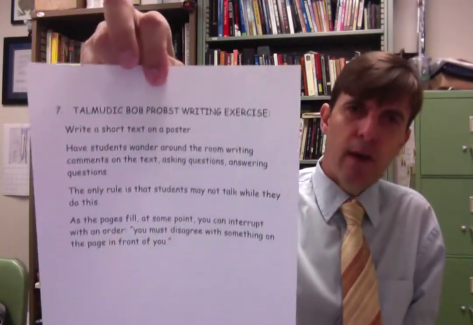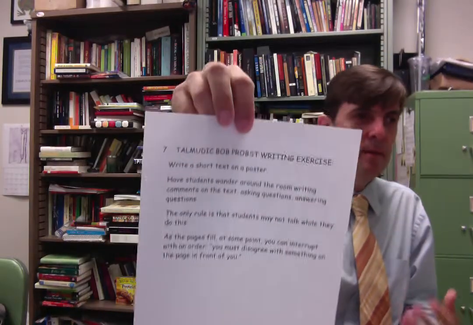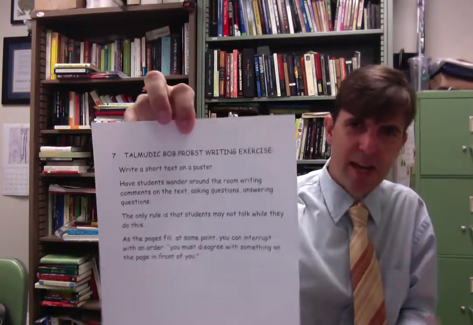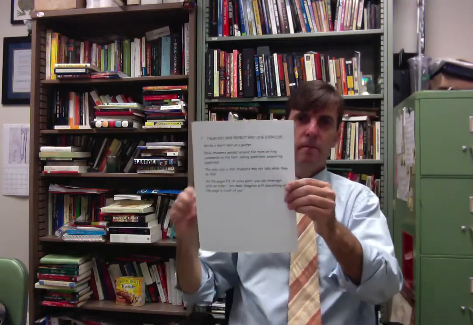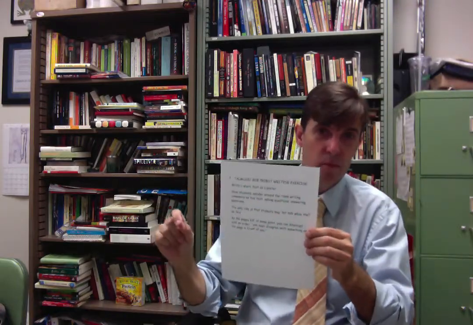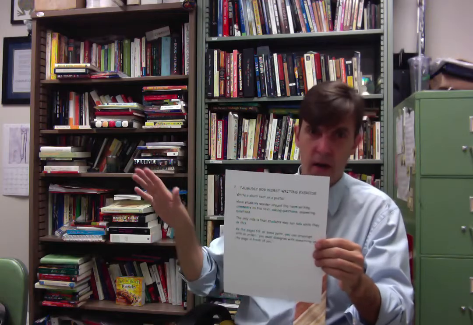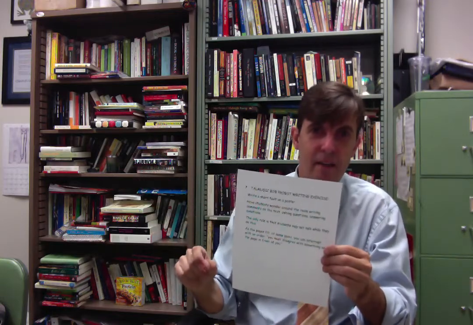Now, unlike most of what happens in your classrooms, in this one you can't have people talking. Because if the students talk about what's on the page, or they talk at all, then they don't write. So in this one, unlike most of what we want happening in your classrooms, there should be basically silence as the students wander around, write comments on text, ask questions, answer the questions.